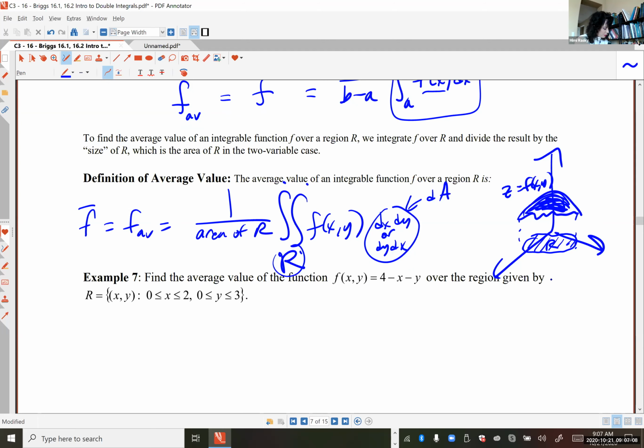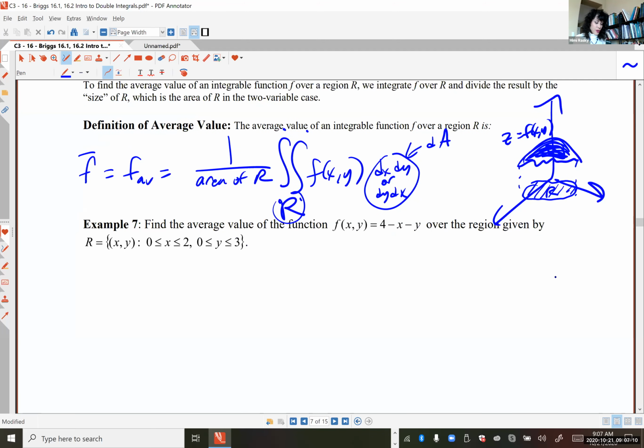So let's do a problem. We'll do an easy one. So we want to find the average value of this function, f(x,y) equals 4 minus x minus y. By the way, this is a plane equation. Can you tell? Because if you replace f(x,y) with z, it's a plane equation. And so that capping surface is essentially a plane, and it's hovering over a region in the xy plane.